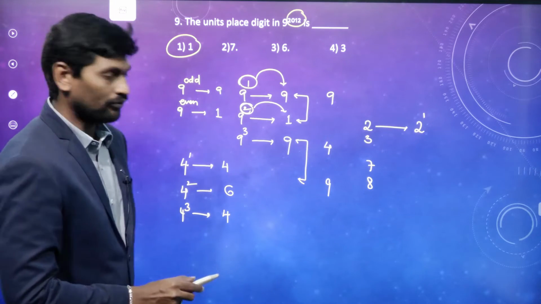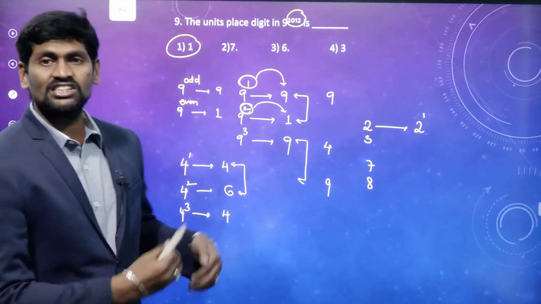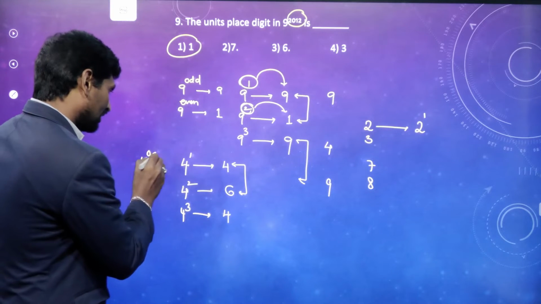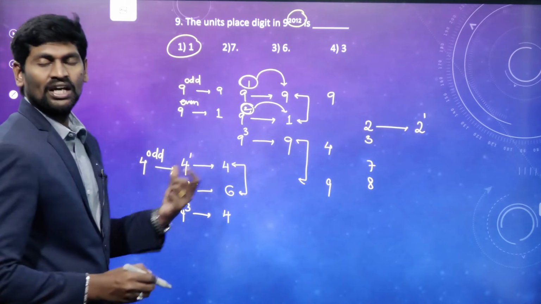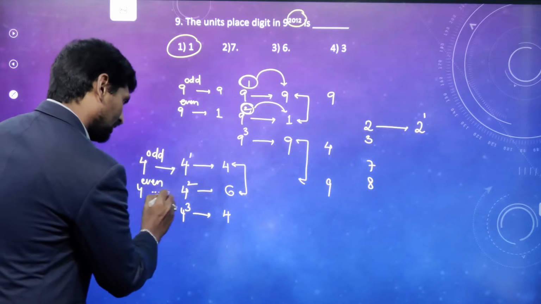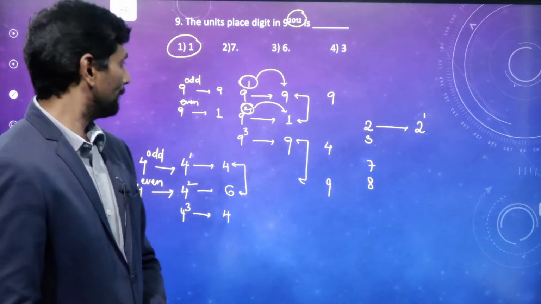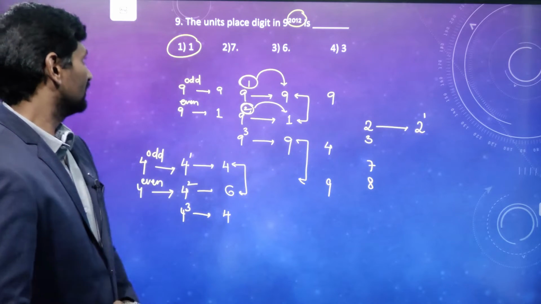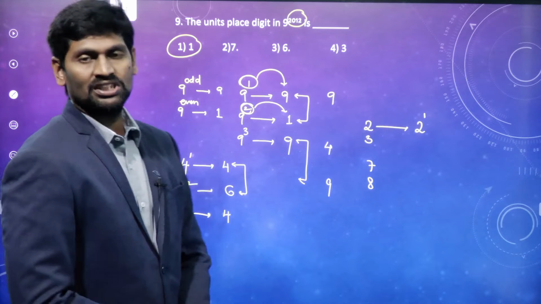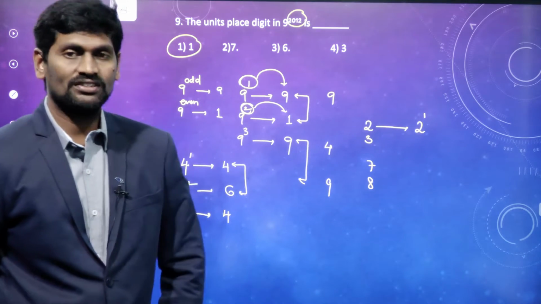Again unit digit is 4. That means after 2 terms, the sequence is repeating. Here 4 power an odd number gives the unit digit 4 and 4 power an even number gives the unit digit 6. So simply the answer for 9 power 2012 is 1.